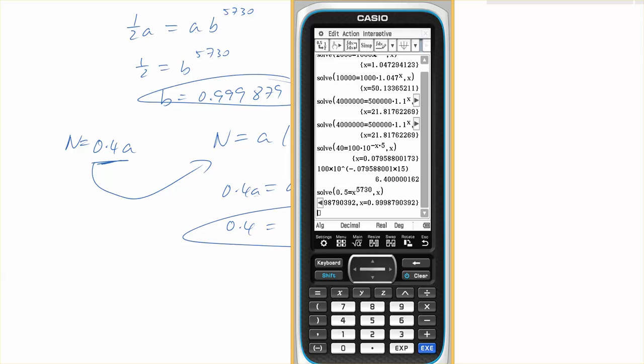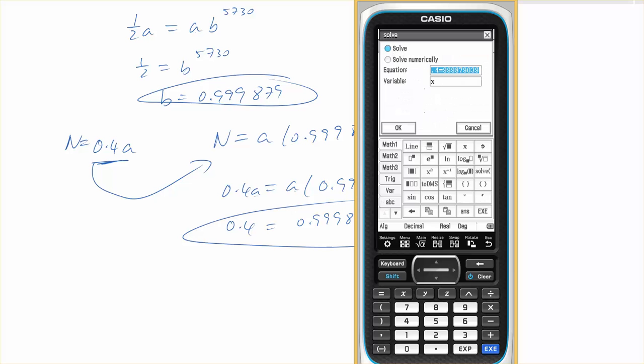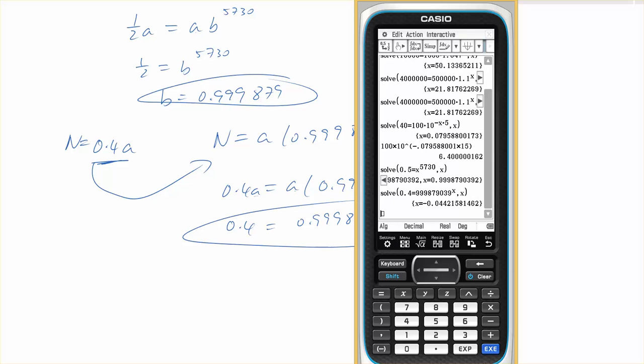So all we do is use our CAS again. I want 0.4 to equal this. I'll use this value because it's more exact. Okay, I've got something wrong here because I didn't put a point. Okay, so we got our value of 7,575.